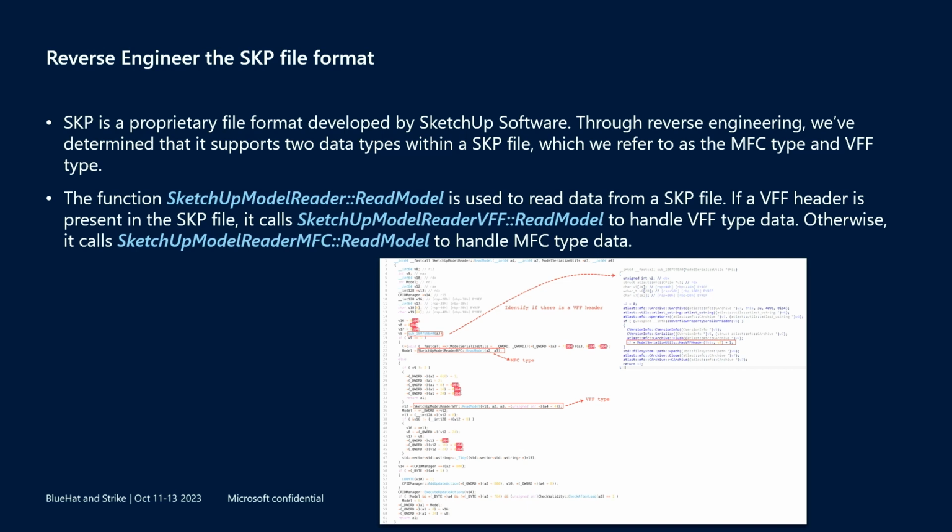In the Adapro, we found the function read model is used to read data from a SketchUp file. As you can see, if a VFF header is present in the SketchUp file, it will call the reader VFF read model function to handle the VFF data type. Otherwise, it will call the MFC read model function to handle the MFC data type.